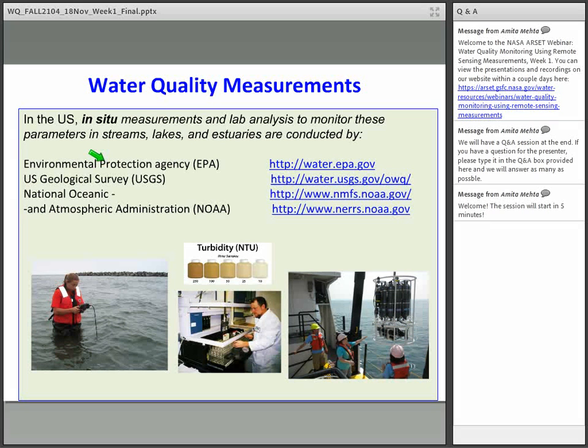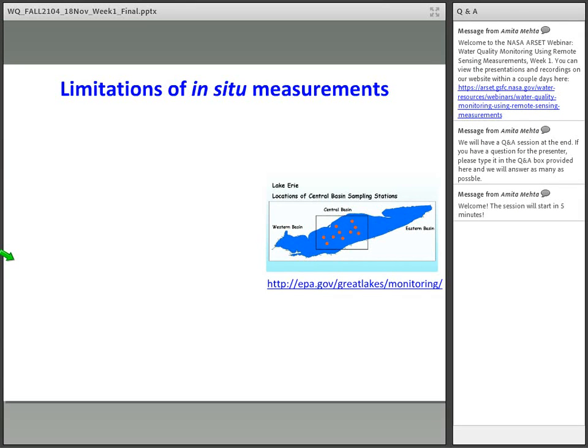Water samples are collected from streams, near coastal oceans, and lakes. These samples are then analyzed, sometimes right there with the help of instruments, or they are taken to labs, where lab analysis has to be performed to find out information about water quality parameters. Again, in the US, the EPA, USGS, and NOAA are all involved in collecting samples and analyzing them to monitor water quality.